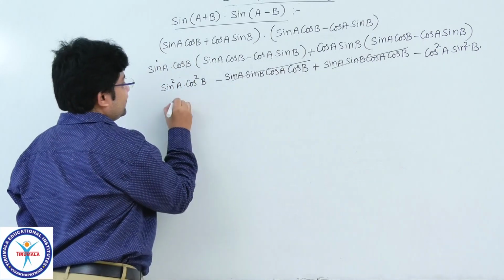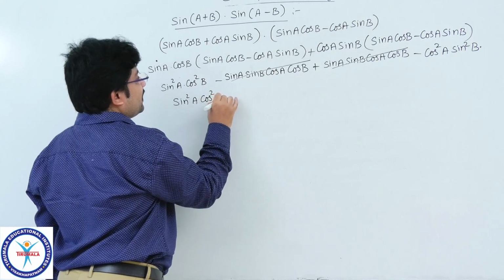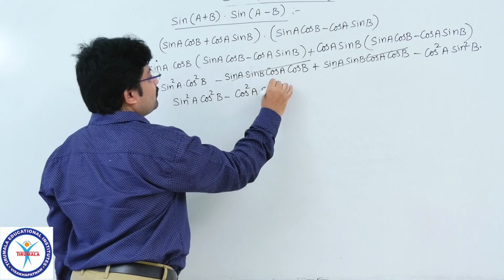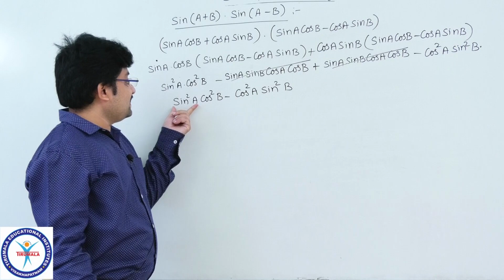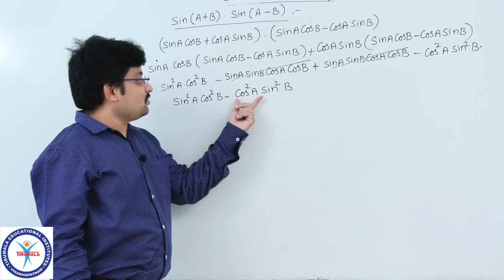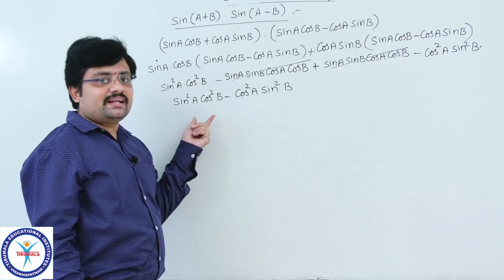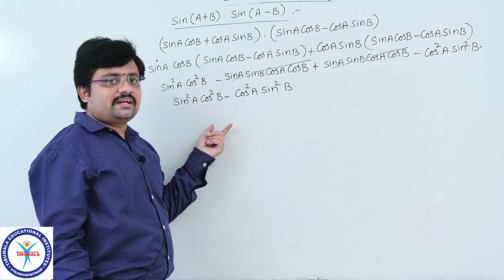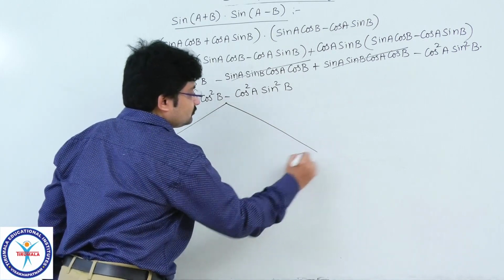Then what is remaining here? Sin square A cos square B minus cos square A sin square B. Here we know that in trigonometric identity sin square theta can be written as 1 minus cos square theta. So you can derive this in two ways.